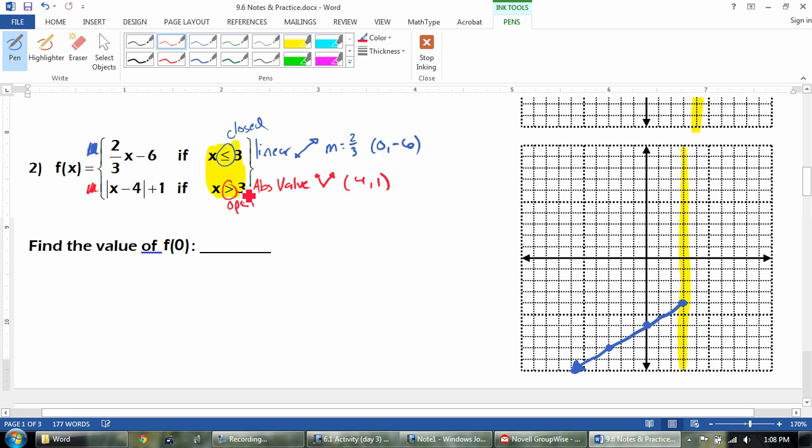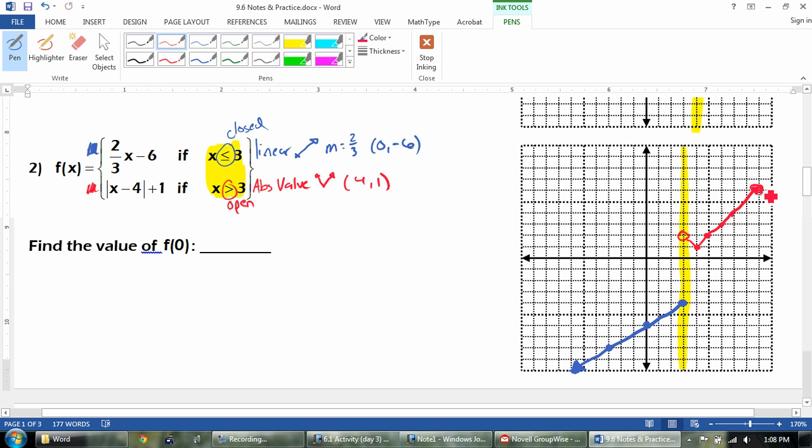Remember that it's greater than, so it's going to be open. So (4, 1) I'm starting. When I go to the left, I get to that point right away and it's open. And then I continue the graph in the other direction. And there we go.